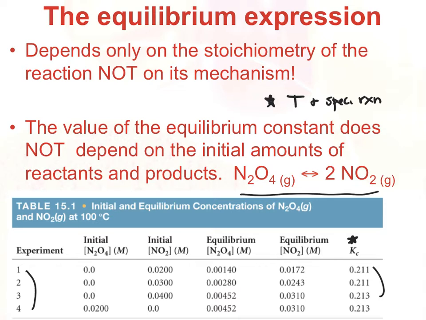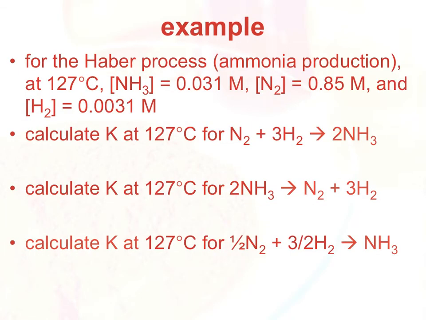Remember, temperature and the specific reaction determine our equilibrium constant, not the initial amounts of reactants or products present. We're going to write and calculate our equilibrium constants for each of the processes seen here using the concentrations above. First, we're going to write the equilibrium expressions for each of these reactions using the balanced chemical equations.